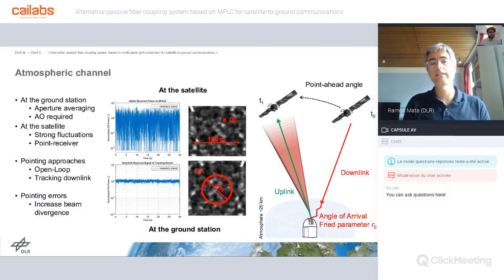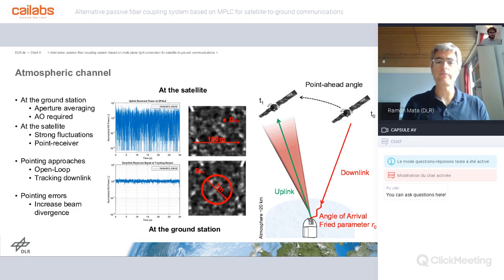If we look more towards the satellite configuration, we can divide it into two links, the downlink and the uplink, which do not travel through the same path. That is due to the point-ahead angle. The satellite is moving, so in the same direction where the downlink is received, we will not find the satellite. What is usually done is that one receives and tracks the downlink in order to stabilize the received signal, and uses this information to pre-correct the uplink and send the point-ahead beam toward the satellite.